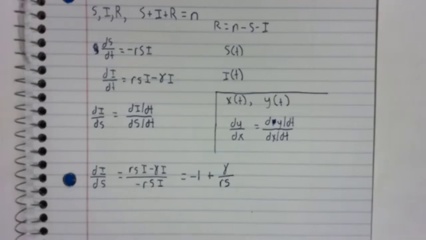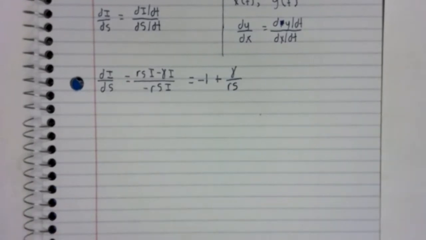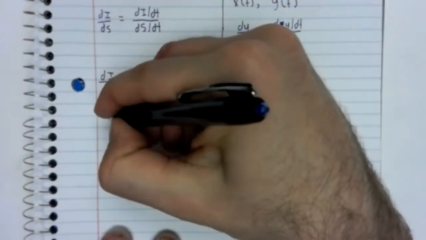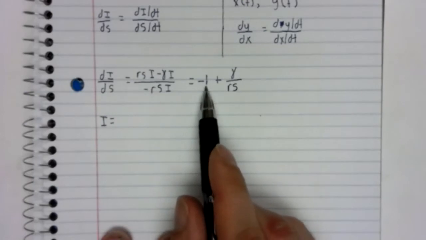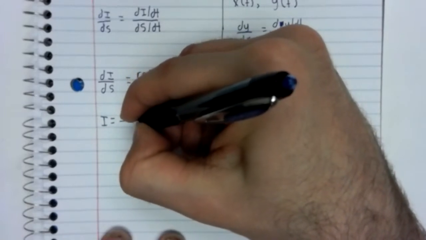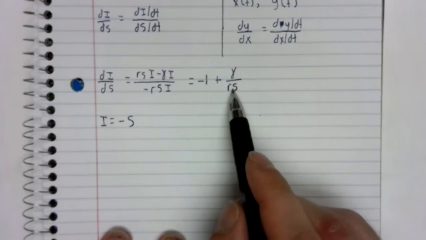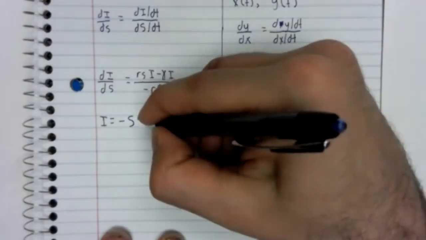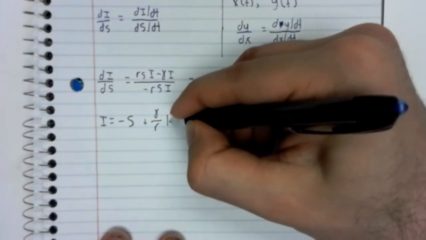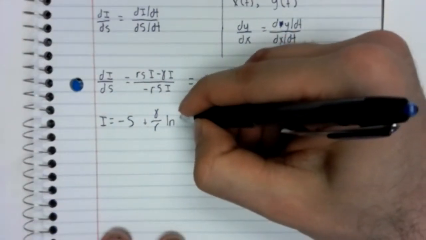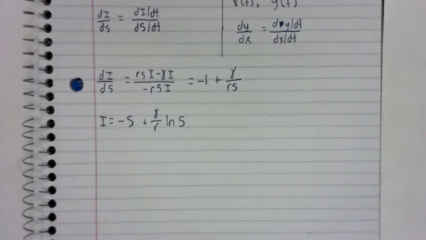Now we'll integrate both sides with respect to S. I equals the antiderivative of this, which is negative S. The antiderivative of this is gamma over R times the natural logarithm of S. The number of susceptible people is positive, so we don't need absolute values.